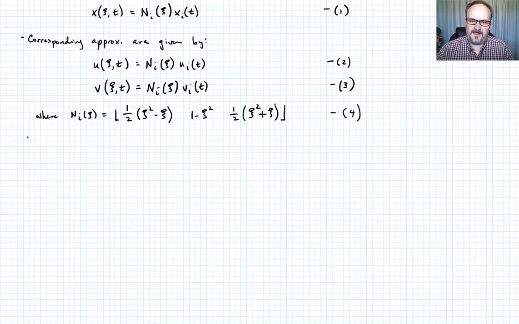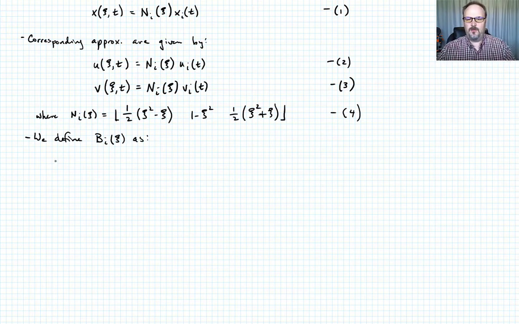We're going to define that B vector term. Remember, B is the derivative of the interpolation function that we used. So we define Bi of c as follows. Remember, we had that Bi, from our previous definition, was equal to Ni comma, and we used c, but now we're going to use little x here, so I'm going to put a little x there.